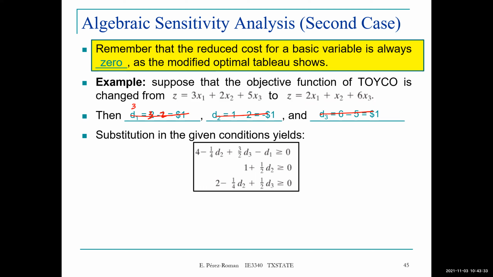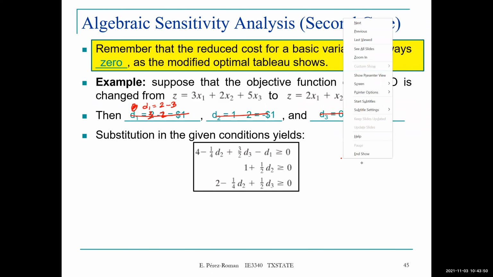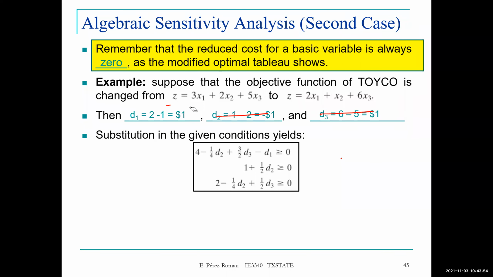Oh yes, so D1 equals 2 minus 3. So we are changing from 3 to 2.